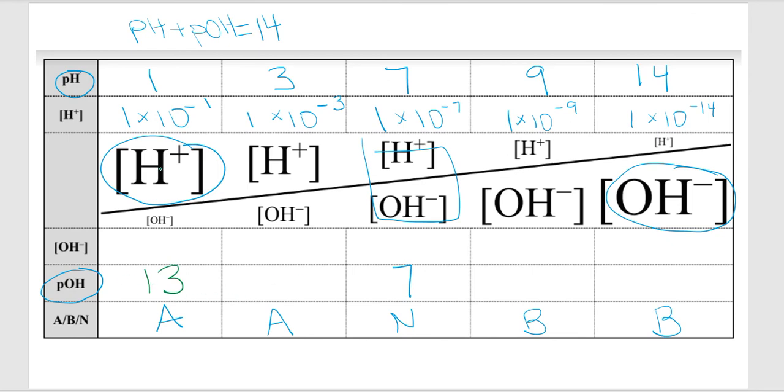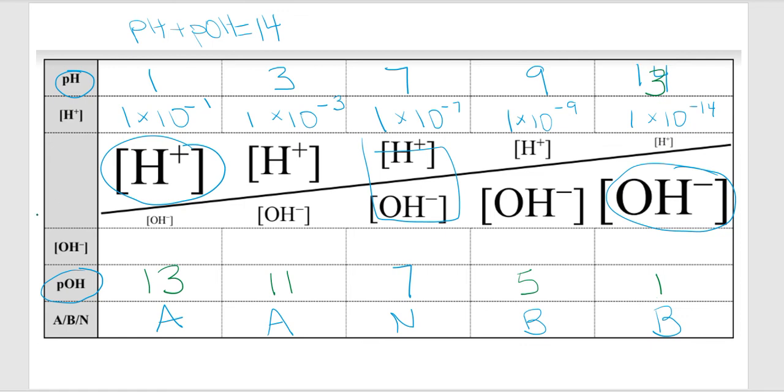So 13 plus 1 is 14, and 11 plus 3 is 14, right? So I should really make this 13 over here. And then on this side, anything less than 7 is going to be a base on the pOH scale. So we have 9 plus 5, and then we have 1 right here.